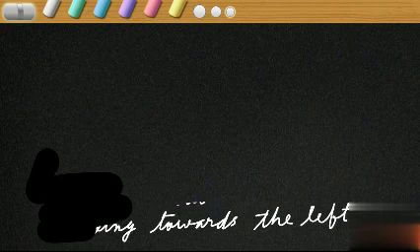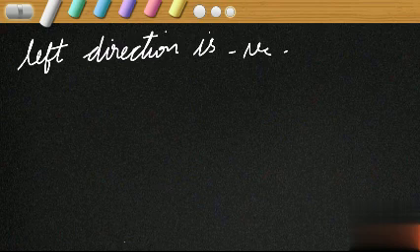Moving towards the left direction is what? Negative. Left direction is negative.